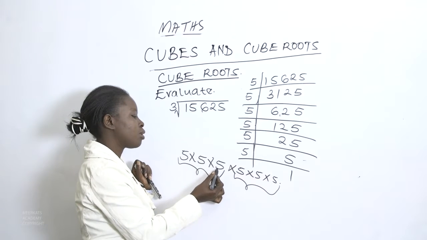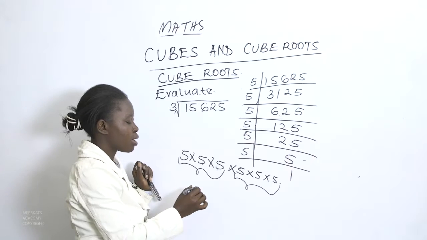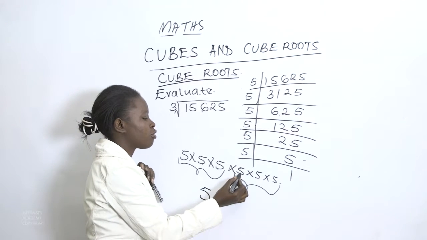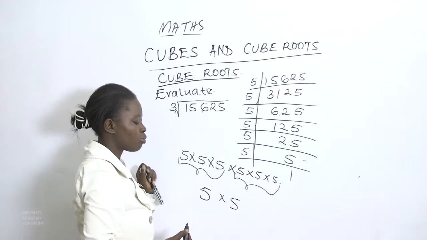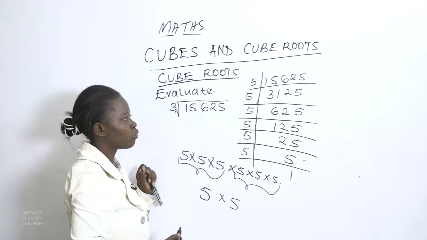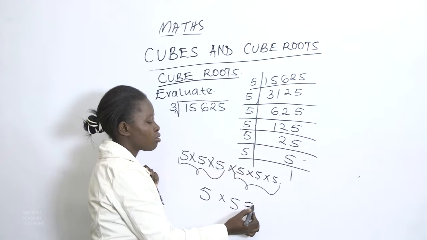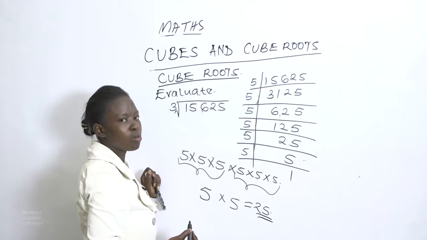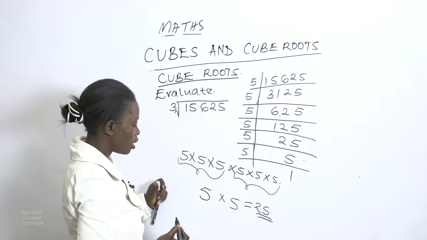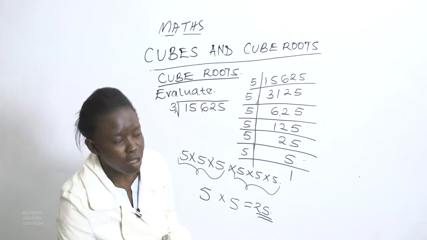So the number repeating itself 3 times, 5 times 5 times 5, my cube in that number is 5. Then 5 times 5 times 5, my cube is still 5. So it means that my cube root of 15,625 gives us a cube root of 25. So the cube root of this given number is 25.